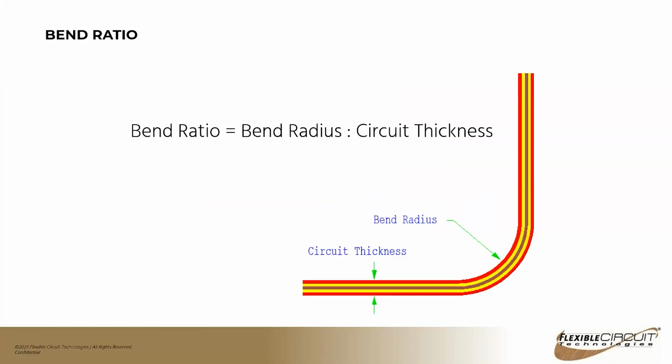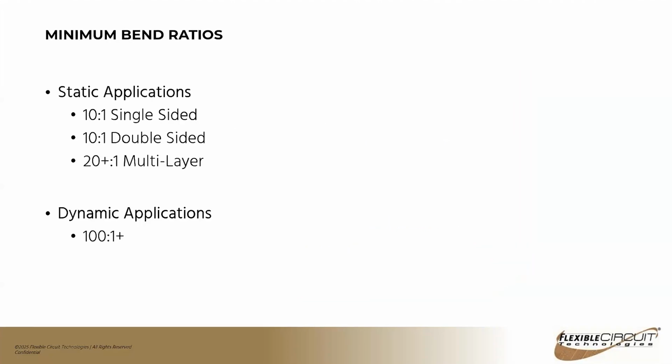So, bend ratio. The bend ratio is the bend radius in relation to the circuit thickness. If you had a circuit that was 4 mils thick, or 0.1 millimeter, looking at the guidelines on this next slide, for a single or double-sided circuit, IPC 2223 would suggest that your minimum bend radius be 10:1.